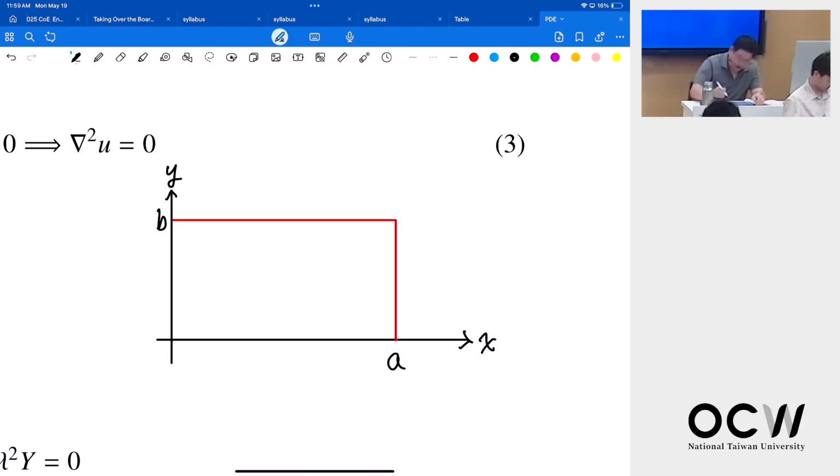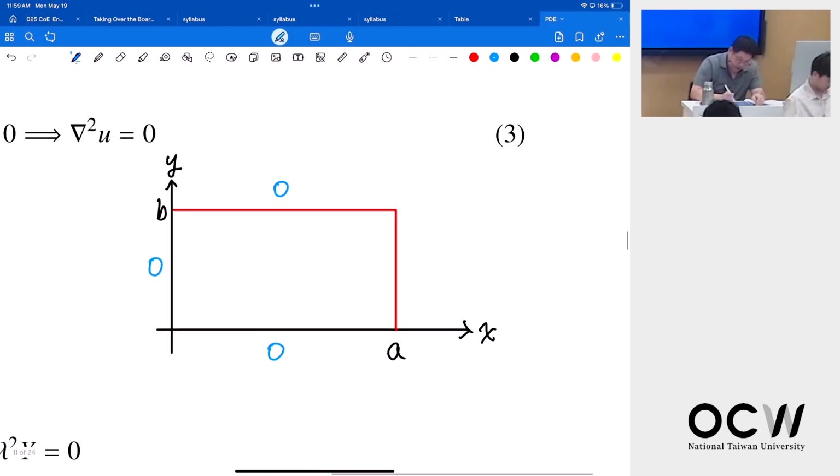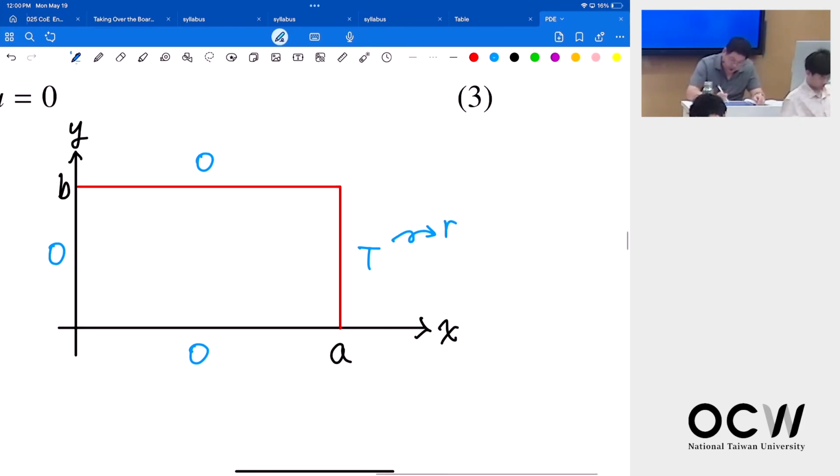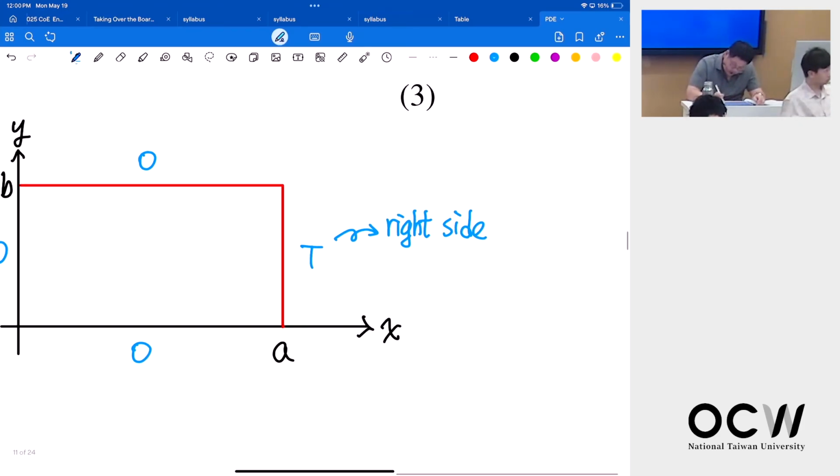And then the temperature here is 0, 0, 0, and here is T. And this is the right side view, the right side temperature.